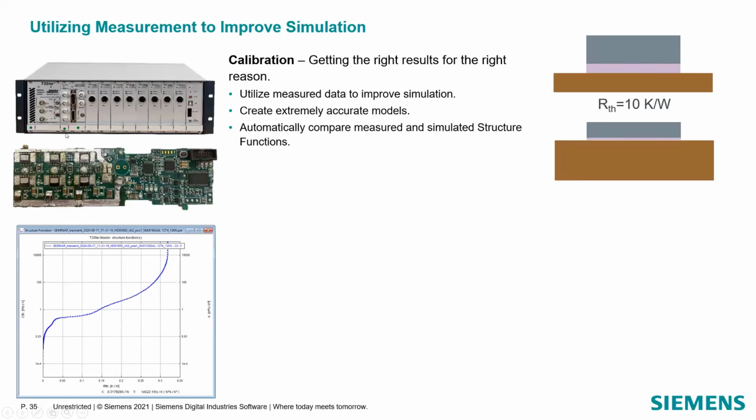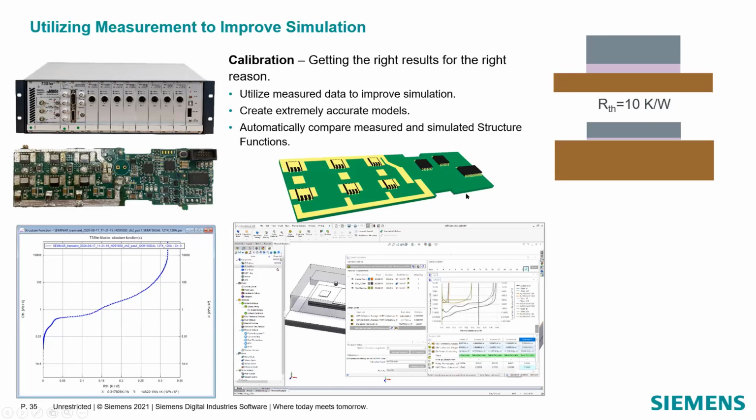The workflow is simple. Here is the test board, which we measured earlier. We take a structure function, and then we create a simulation equivalent of the board. There are 2 tools we recommend. One is SimCenter Floater, and the other is SimCenter Flow EFD, which can do this.